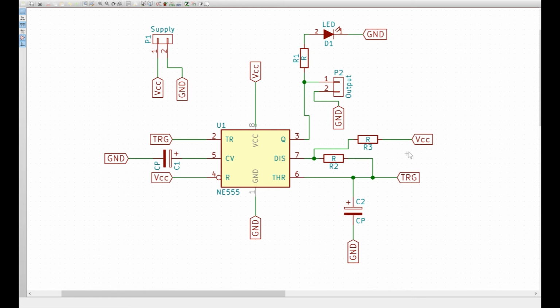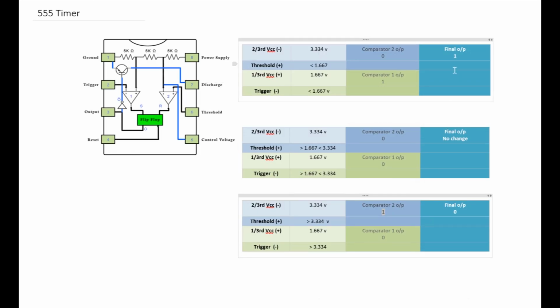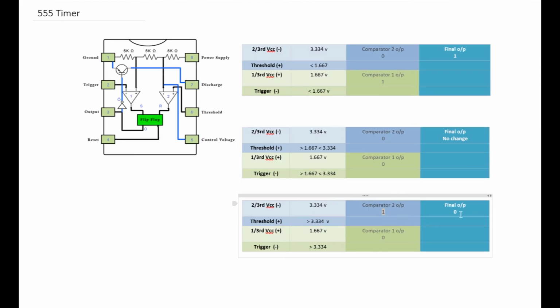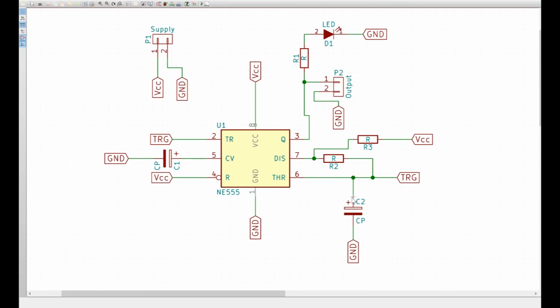The difference here is that when the capacitor was being charged, it was getting charged via the route VCC, R3, R2 and the capacitor. That was the RC circuit. While discharging, the route is C2, R2 and the discharge pin going to ground. So the amount of time that the output is going to remain as 1 would depend on R2, R3 and the C2 capacitor's value. Whereas the amount of time that it will remain in the off status would depend only on the values of C2 and R2.